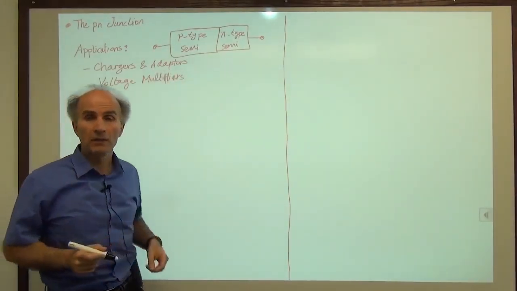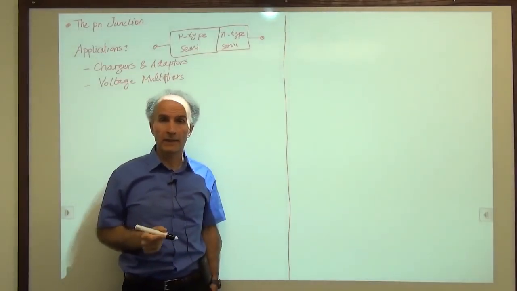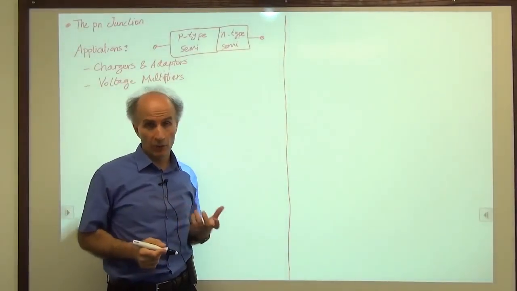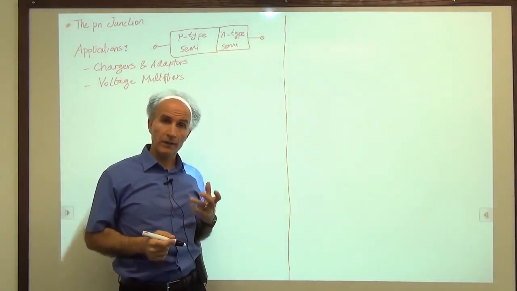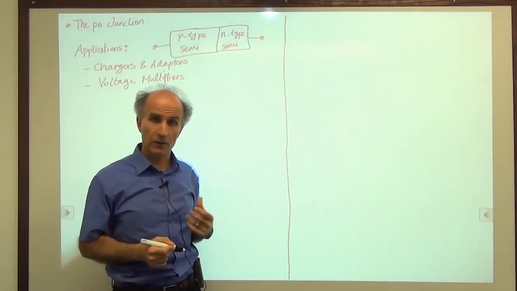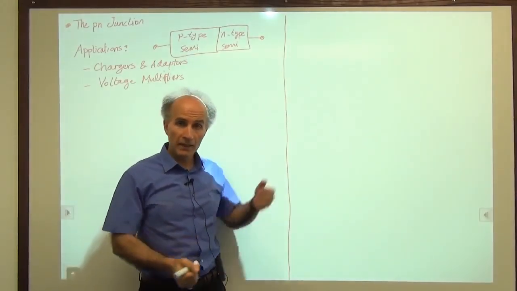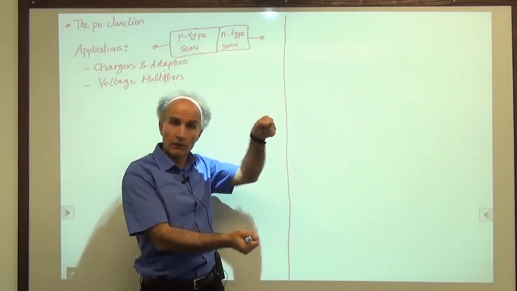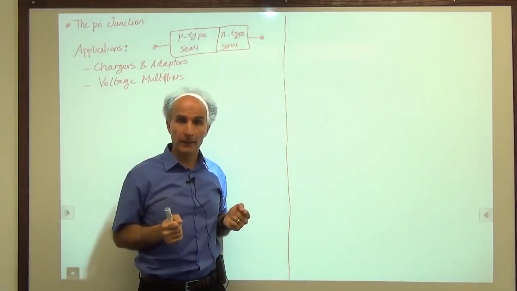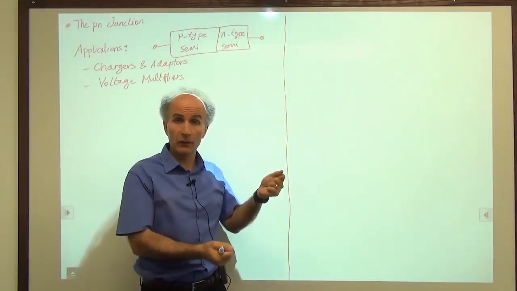Voltage multipliers are circuits that increase the voltage. For example, there are some devices called photomultipliers used in medicine and other applications where we need a supply voltage of 1,200 volts. Okay? 1,200 volts is a very high voltage.